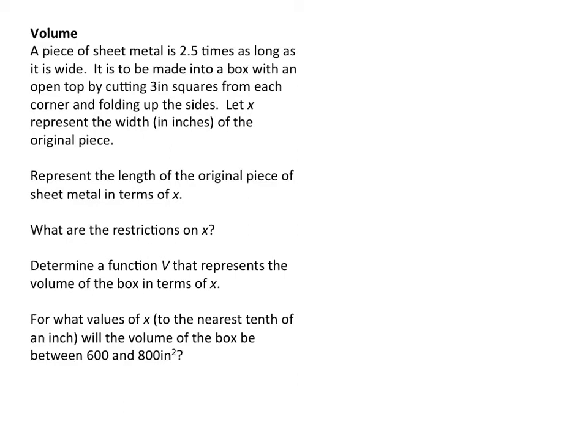Next problem is a volume problem, and it tells us that a piece of sheet metal is 2.5 times as long as it is wide. We'll make it into a box with an open top by cutting 3-inch squares from each corner and folding up the sides. So we're cutting out these little corners here, and each one of them is 3 by 3.